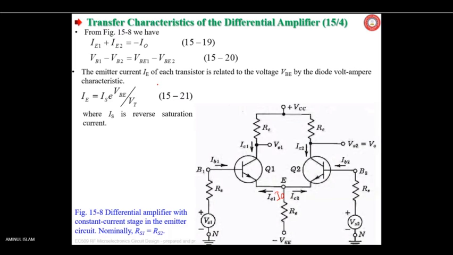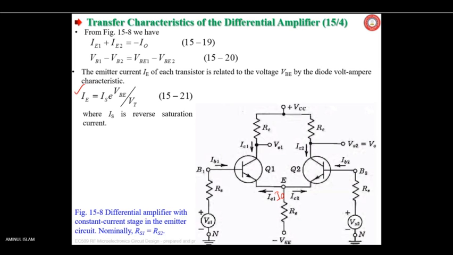The emitter current IE of each transistor is related to the voltage VB by the diode volt-ampere characteristic, given by I equals IS e to the power VB by Vt, where IS is the reverse saturation current, just like the diode current equation you have gone through.